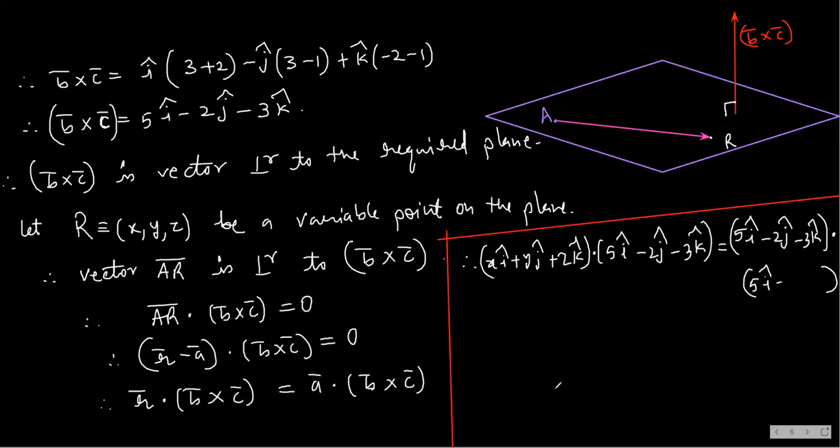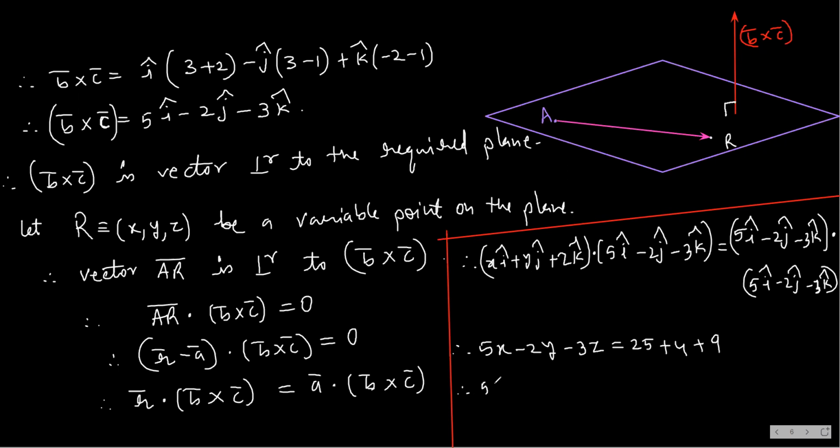5 I cap minus 2 J cap minus 3 K cap. So you will get now, on the left hand side, 5x, minus 2 into y is minus 2y, minus 3z. And on the right hand side, you have 5 into 5, 25, plus 4, minus 2 into minus 2, plus 9.